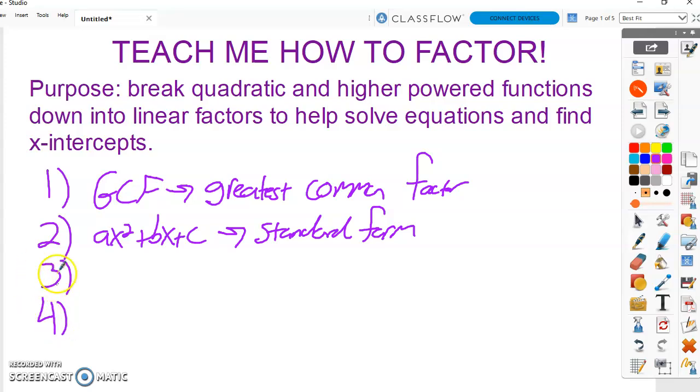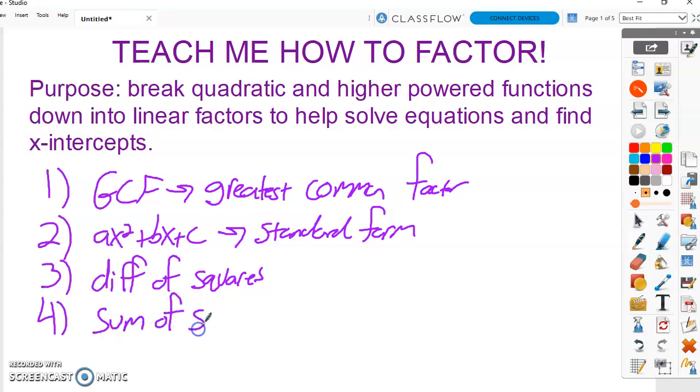And then we're going to talk about just a couple shortcuts to help you save some time. The first one is called a difference of squares. And the last one is called a sum of squares. All right, so if you need to, pause the video for a second to get those down, and then we'll get started.